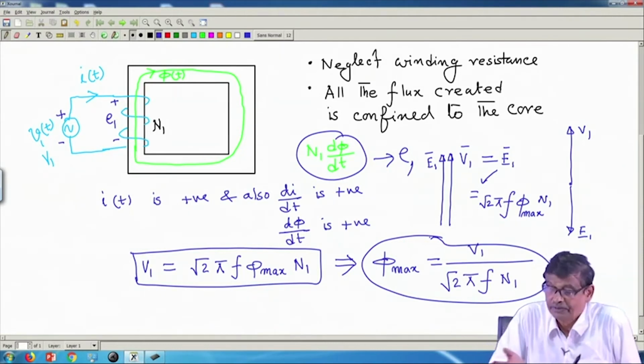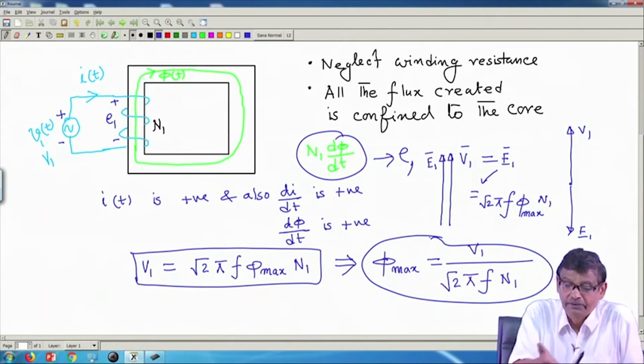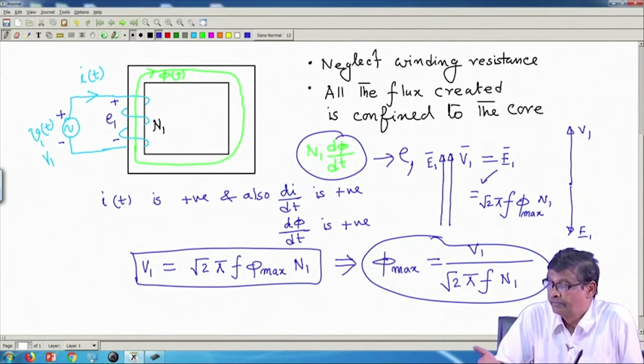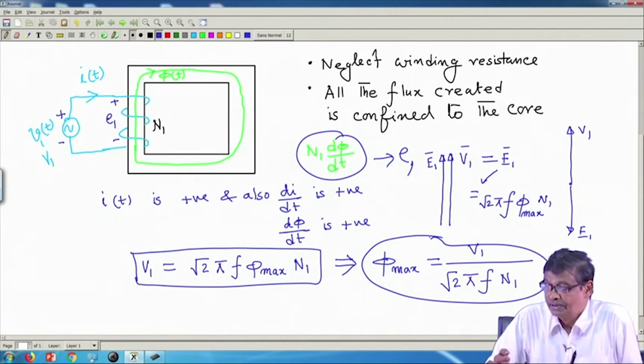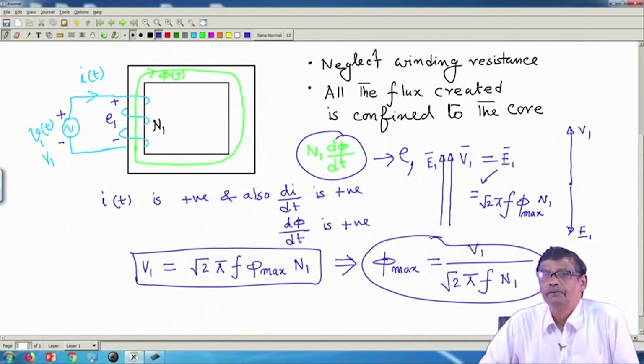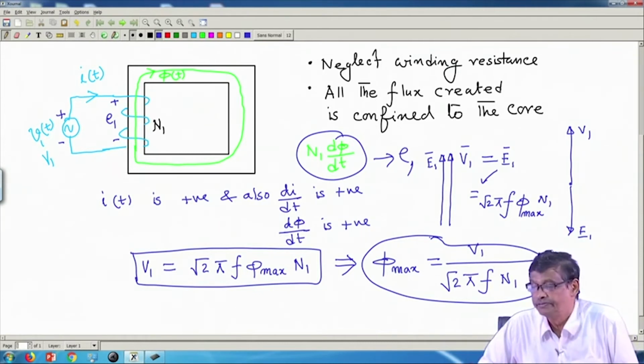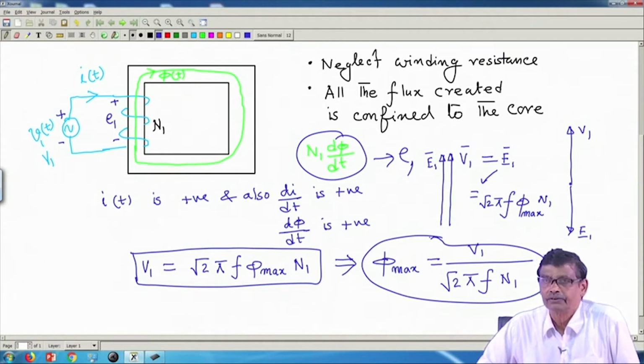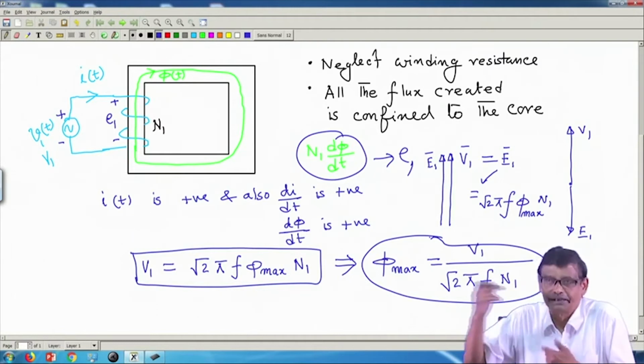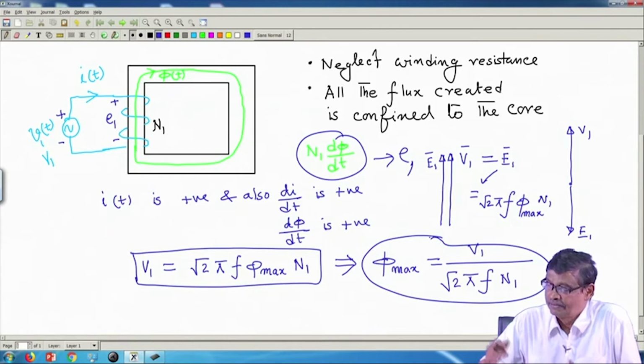But in case of the same coil excited from an RMS voltage V 1 varying sinusoidally, the peak value of the flux is fixed: V 1 by root 2 pi f N 1. There is no question of trying to calculate current, then MMF, then flux, unlike a DC circuit.